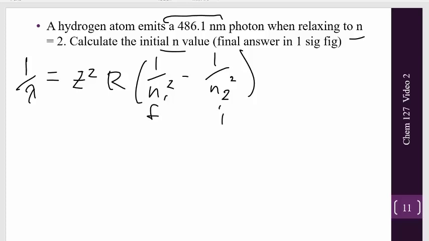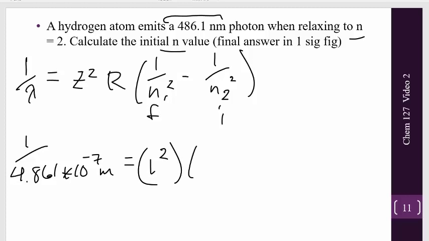So we can go ahead and plug in the values that we know. We need our wavelength in meters, so I'll go ahead and put in our wavelength in the form of meters. Then number of protons is 1.